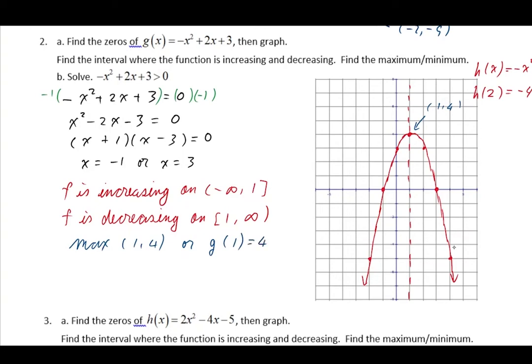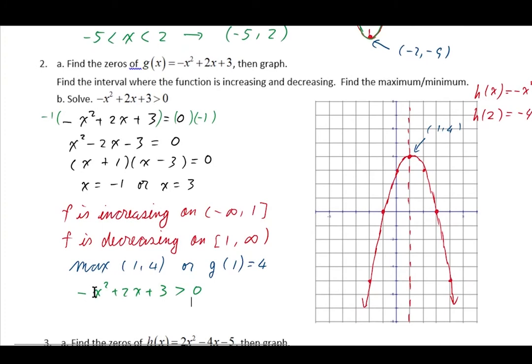Okay. Now, how about the inequality? For the inequality, we have to be a little careful because we have this negative sign that we are starting with. So let me write that down. Change the color. -x squared plus 2x plus 3 is positive, meaning my y value here of this function needs to be positive. So looks like we are looking at this part right here.